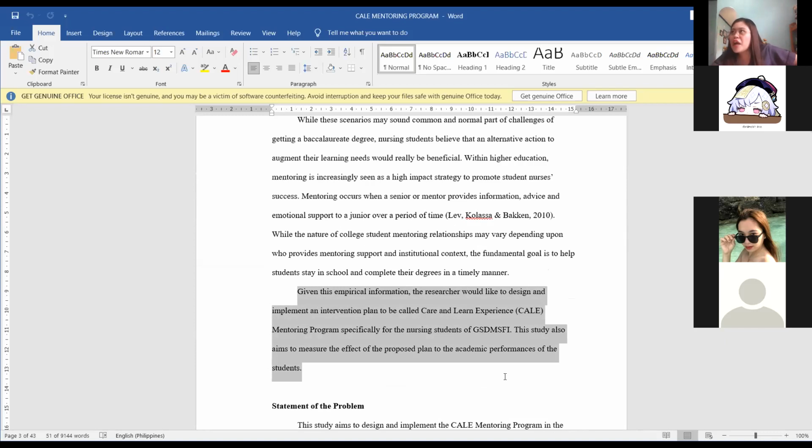Tas mao ni ang mga naga-affect sa ilahang academic performance, ilahang study habit, ang ilahang environment, and so on. So given this information, ang goal sa researcher is to actually make and implement an intervention plan to help this student na mag-increase ang ilahang academic performance.